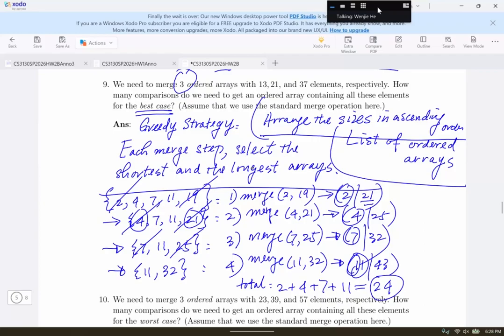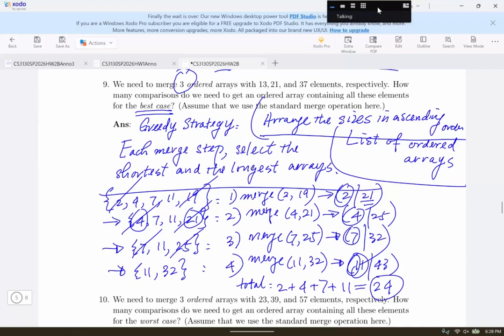Now the worst case. For the worst case, the strategy should be different. You run the same process, but when you select 2 arrays from the list, the strategy is different.